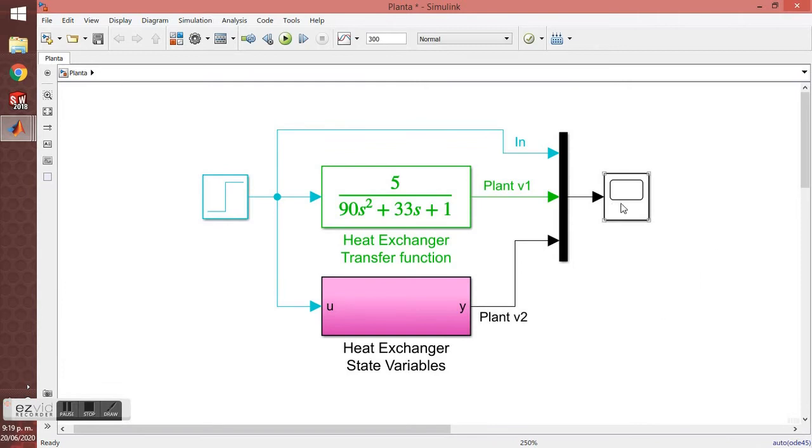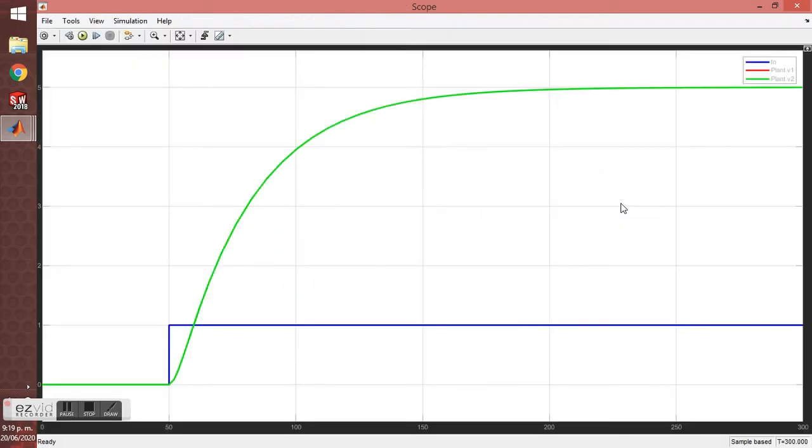Now we're going to see what is on the scope, and the graphic response obtained shows as a result the gain of 5. The system has a critically damped behavior as a consequence of the two poles that it has located on the same point of the complex plane's real axis.